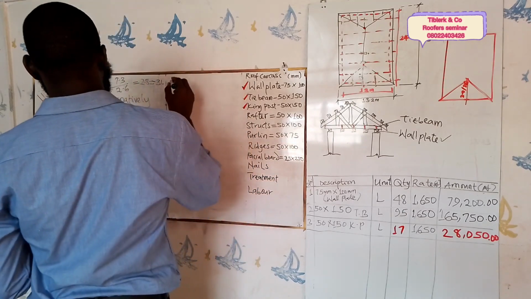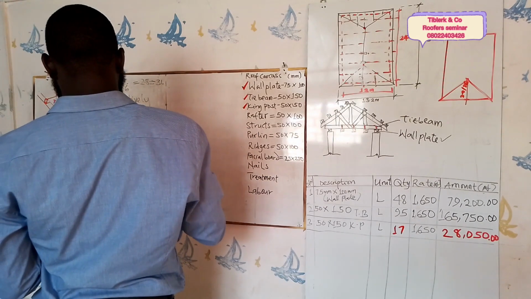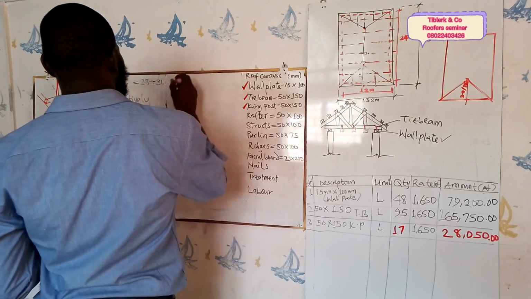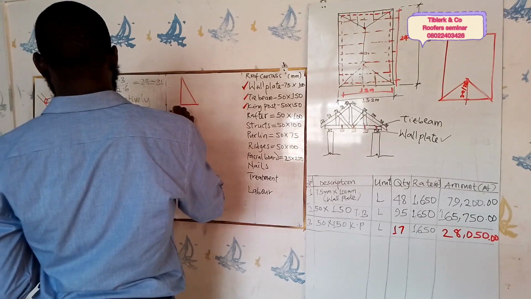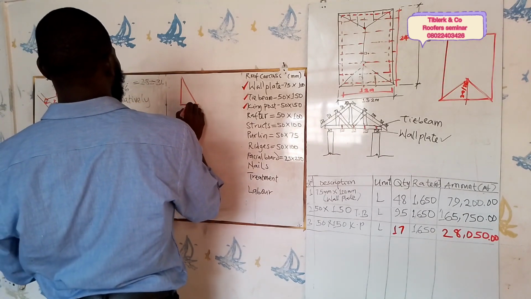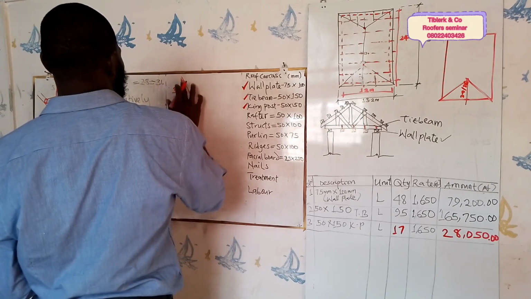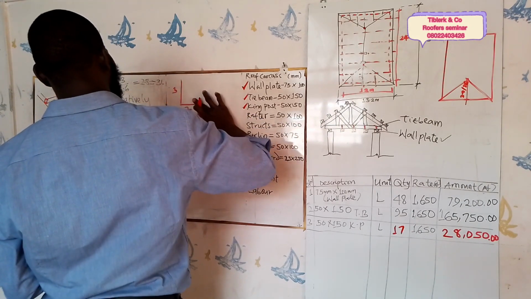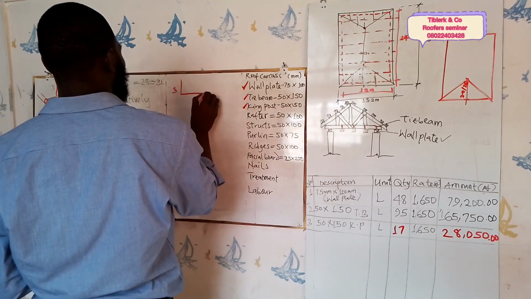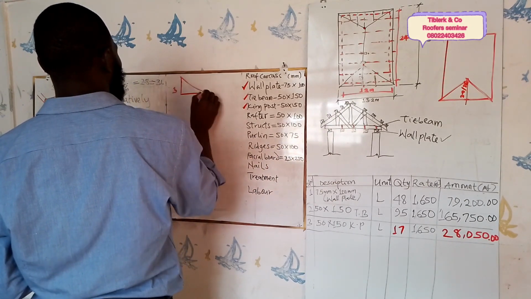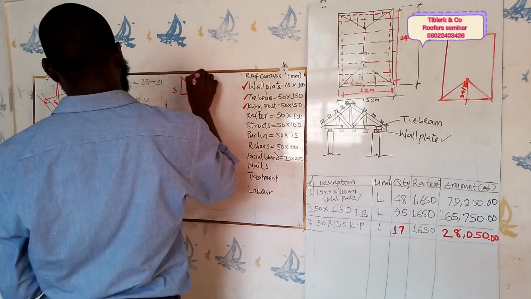So can I also bring back our triangle. So this is 7. This is the king post, 3. Let me make it more realistic. This is 7. I'm looking for here, say R.